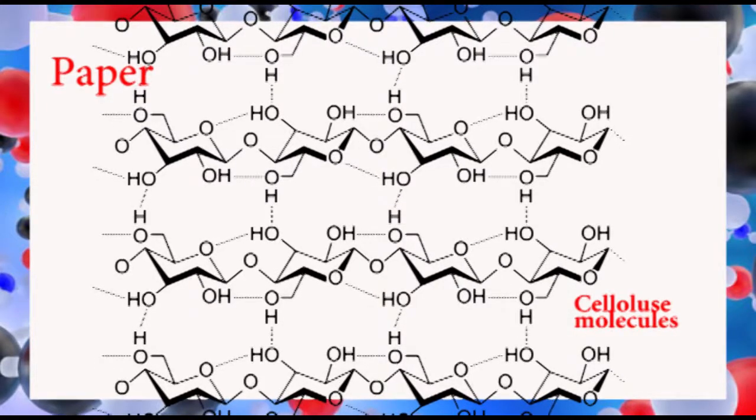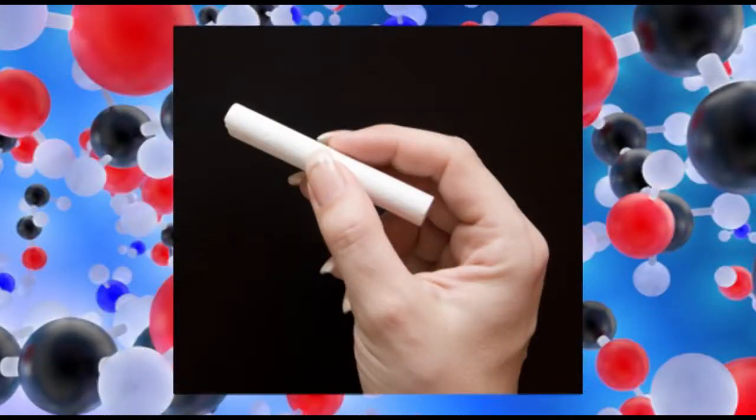Now, it is very difficult to separate the individual atoms in substances, like in the paper, like in the water, and even in the chalk. What are we doing when we hold a piece of chalk and break it? We are not breaking the calcium away from the carbon.